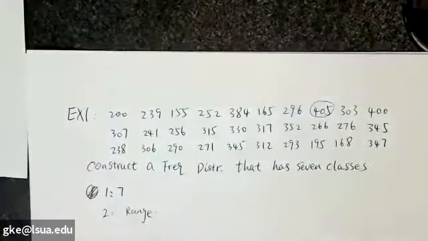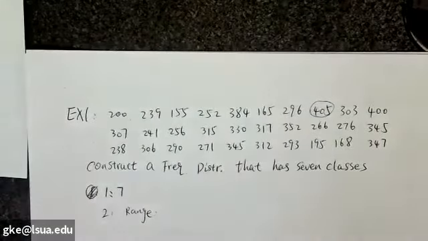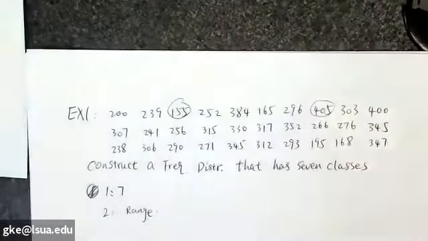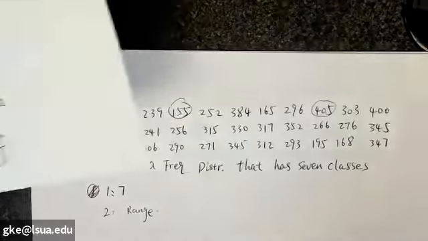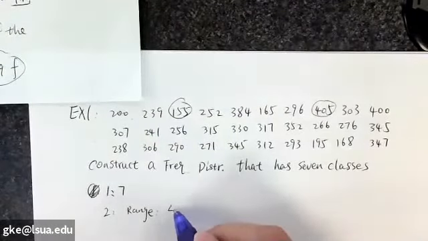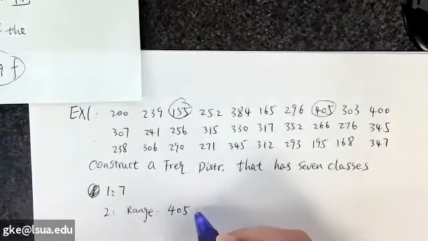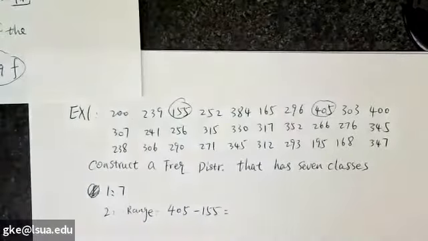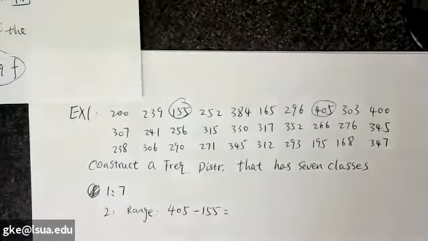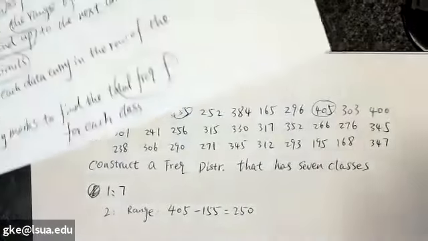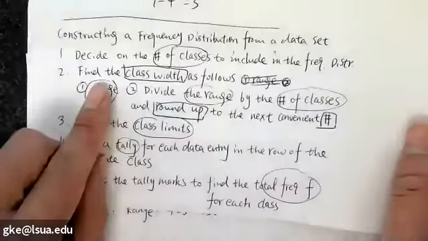And what is the minimum number? Good job, that's true. Now we can calculate the range. 405 minus 155 gives you 250. Okay, so we finish the range.